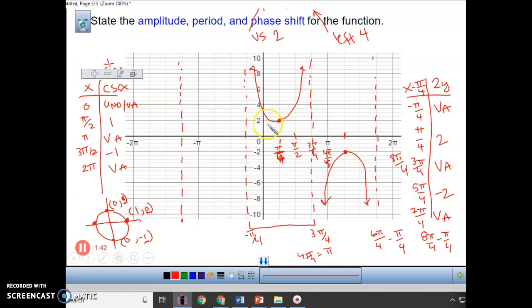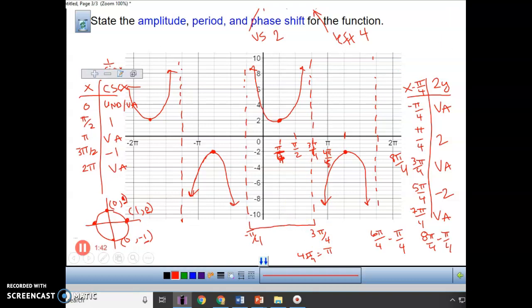And then in between these two vertical asymptotes, directly in the middle, I'm going to have another portion of a parabola that points downwards for my relative max. And then same thing here, about in the middle of my two vertical asymptotes, I'll have another parabola pointing upwards, and this is sufficient for your graph.